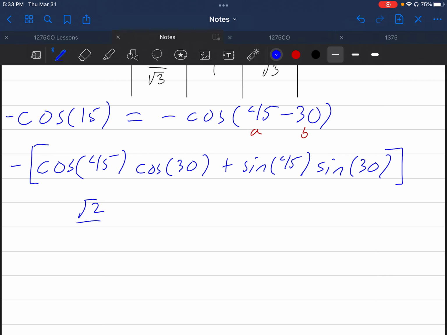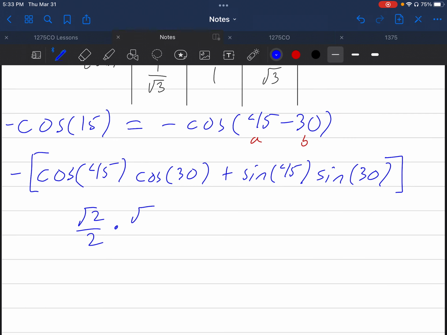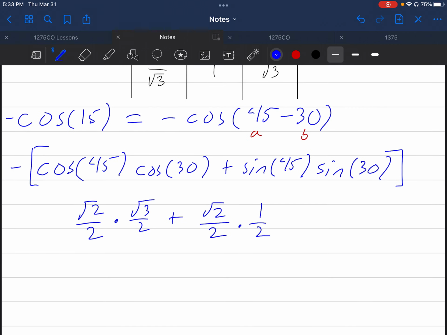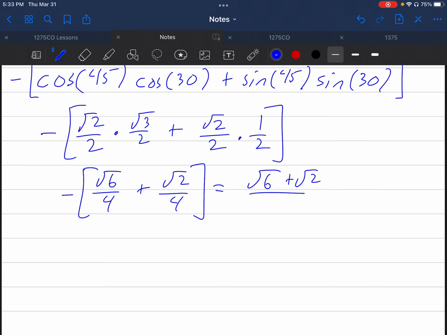We're going to have radical 2 over 2 times the cosine of 30 degrees, which is radical 3 over 2, plus sine of 45, radical 2 over 2, and the sine of 30. Once again, there's a negative in front of here, so let's do this multiplication and then combine like terms. That's going to be radical 6 over 4 plus radical 2 over 4 with a negative, which is equal to radical 6 plus radical 2 divided by 4.